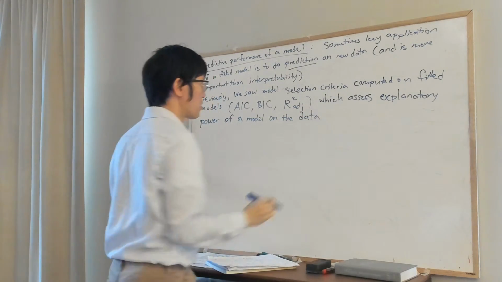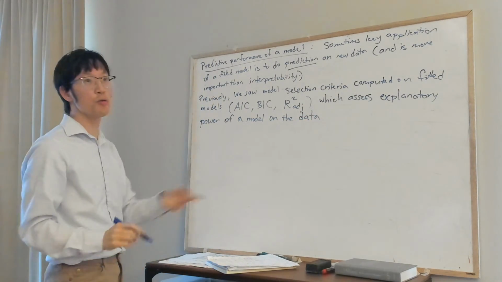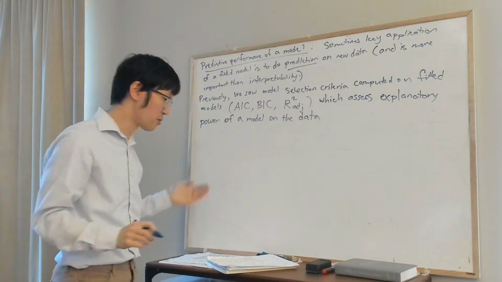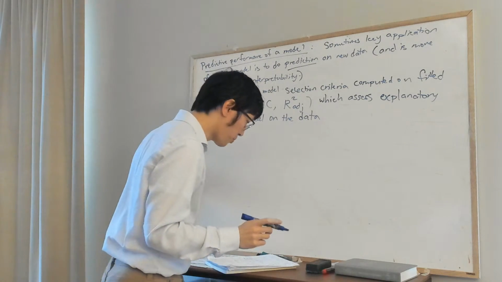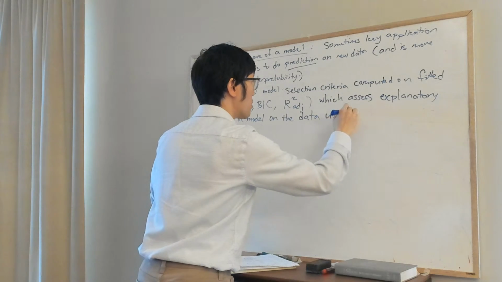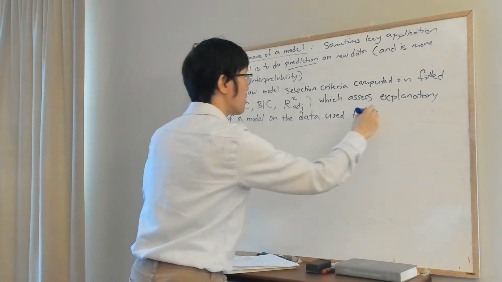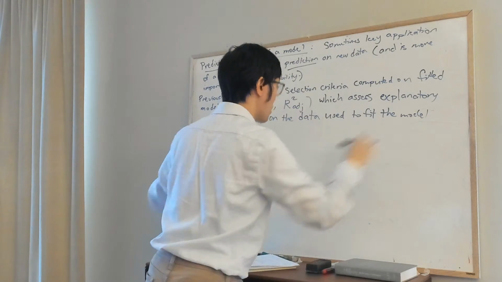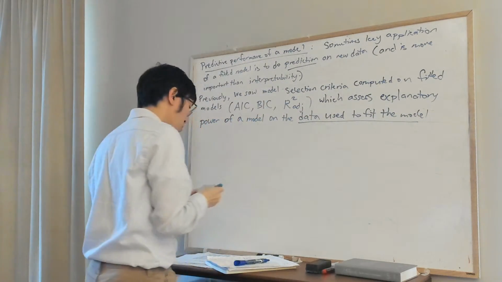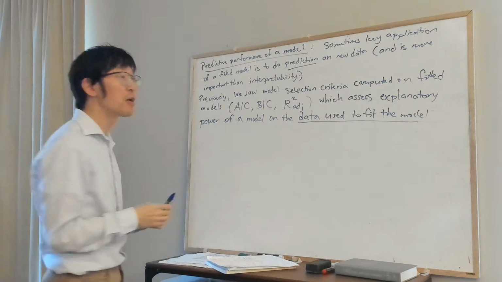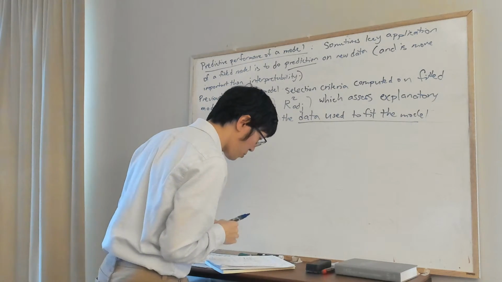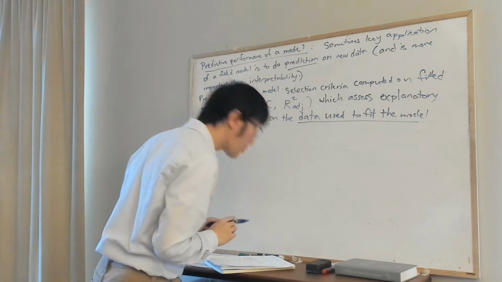That's an important point: data used to fit it, because it doesn't take into account what we might see if we were to use the model to do prediction on data that we have not seen before. It doesn't guarantee anything in terms of how well the model can generalize to new data.